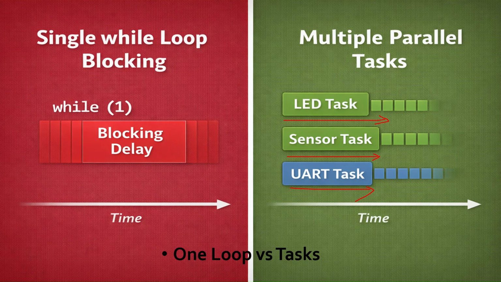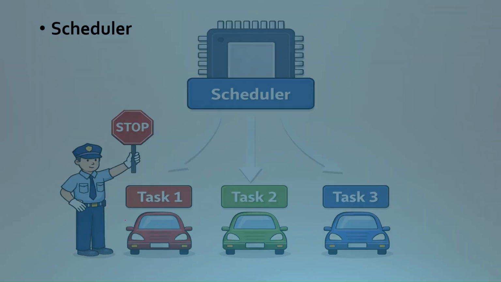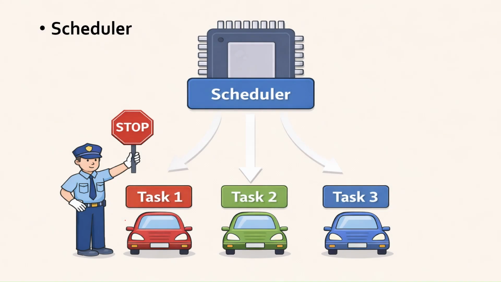So imagine flipping TV channels very fast. You think all channels are playing, but only one is actually shown at a time. So now we'll go to the scheduler. The scheduler is the main brain of RTOS. It decides which task runs now, which task runs next, how long each runs, and handles priority.